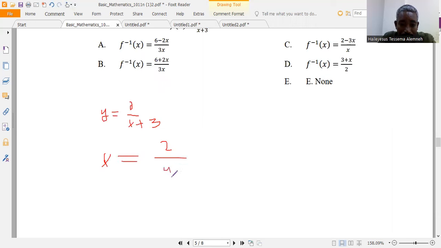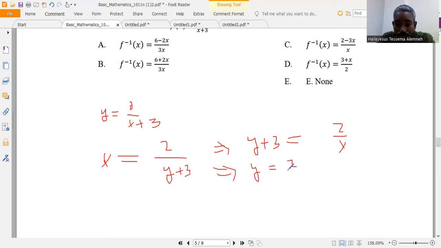So we get x equals 2 over y plus 3. Solving for y, y plus 3 is equal to 2 over x. So y is equal to 2 over x minus 3.